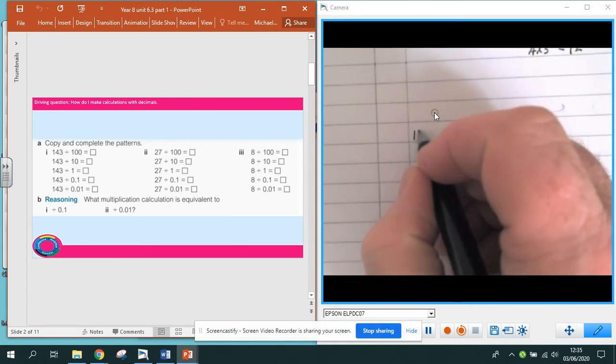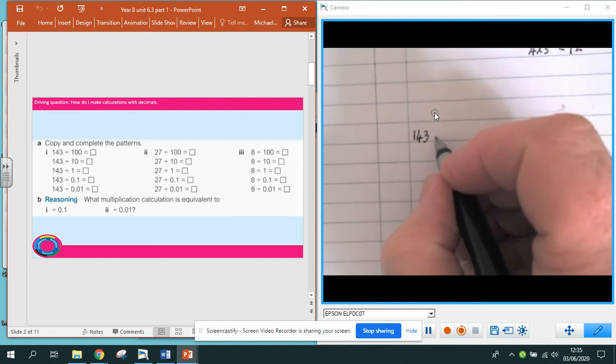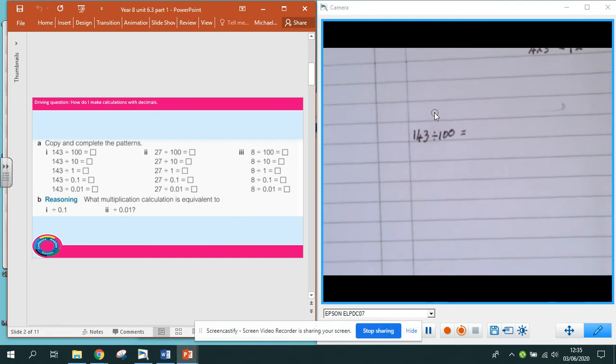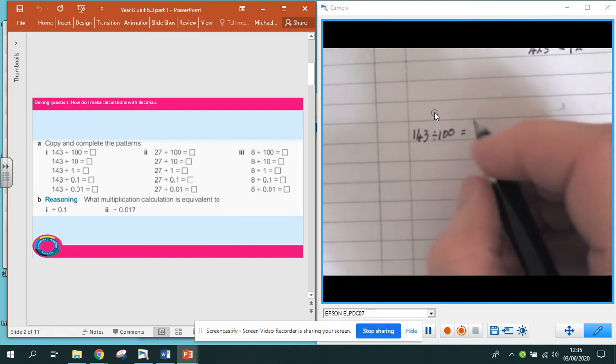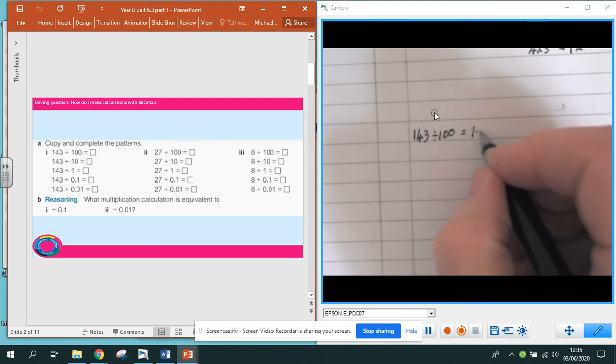143 divided by 100 is, well, I've got to move the numbers 2 places to the right, so that gives me 1.43.